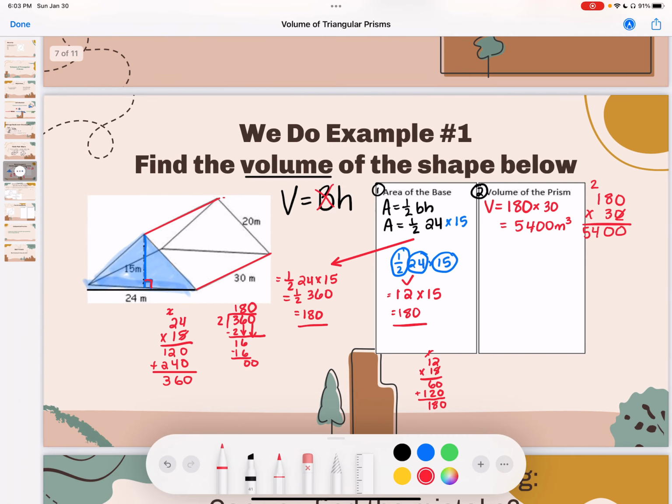So take a moment, look at what we did, and let's look back at what it was asking us. So this is part of our evaluate in our APE. It was asking for our volume. Our answer is in meters cubed, so that's volume. We followed all of our steps, we outlined everything, solved it, showed all of our work, so this is a perfect answer.